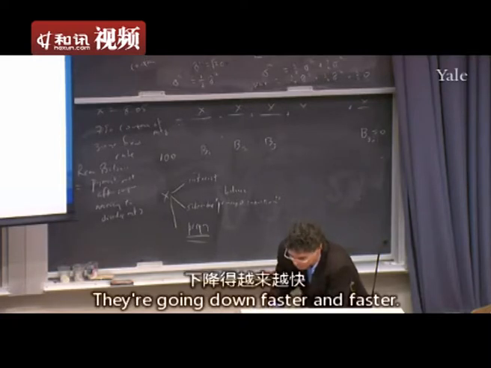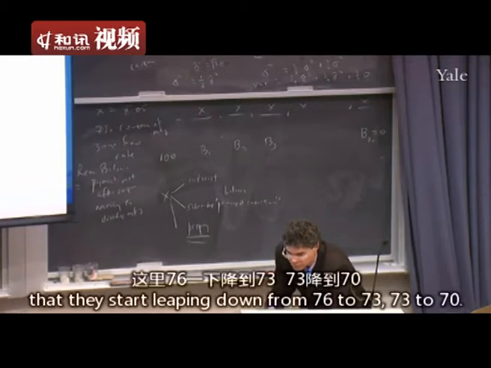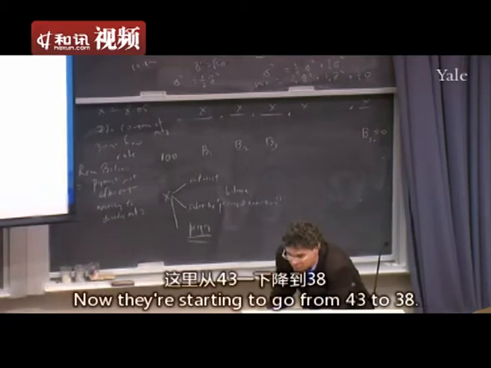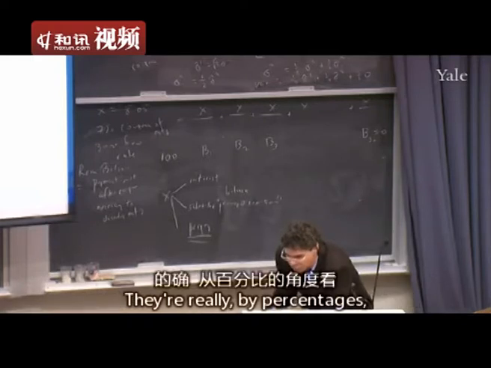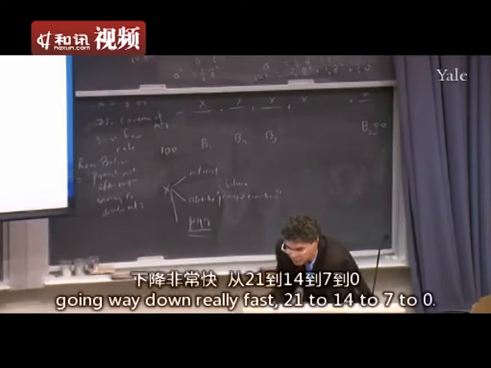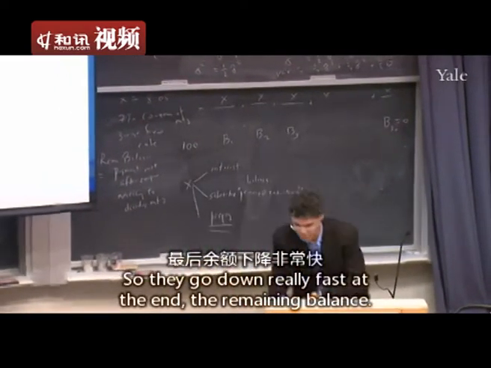They're going down faster and faster. If you keep going, you're going to see that they start leaping down from 76 to 73, 73 to 70. Now they're starting to go from 43 to 38. They're really, by percentages, going way down really fast. You know, 21 to 14 to 7 to 0. So they go down really fast at the end, the remaining balance.